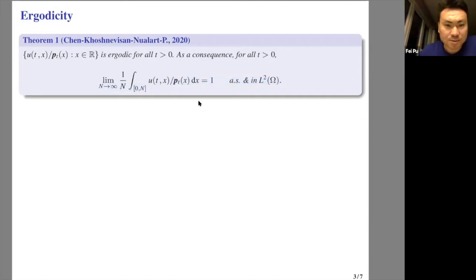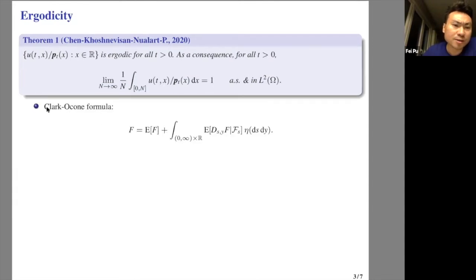All right, in the following, let me show you some elements for the proof of ergodicity. The first one is the Clark-Ocone formula. We have seen this formula in the last talk. We can write F as E of F plus this stochastic integral with respect to space-time white noise.